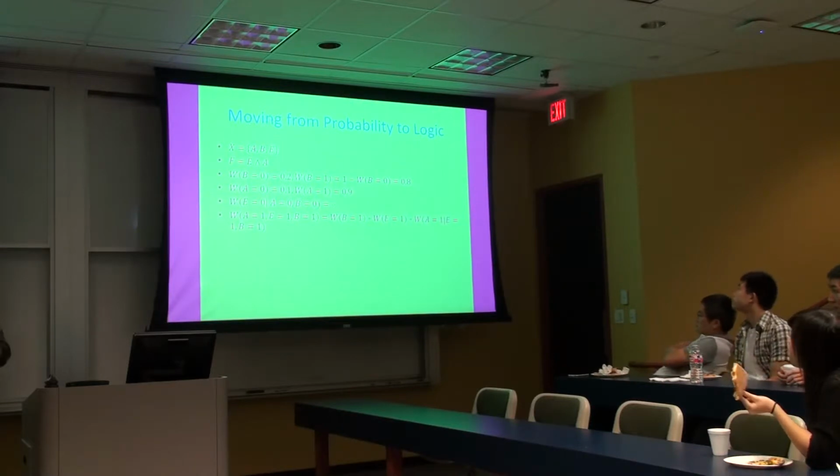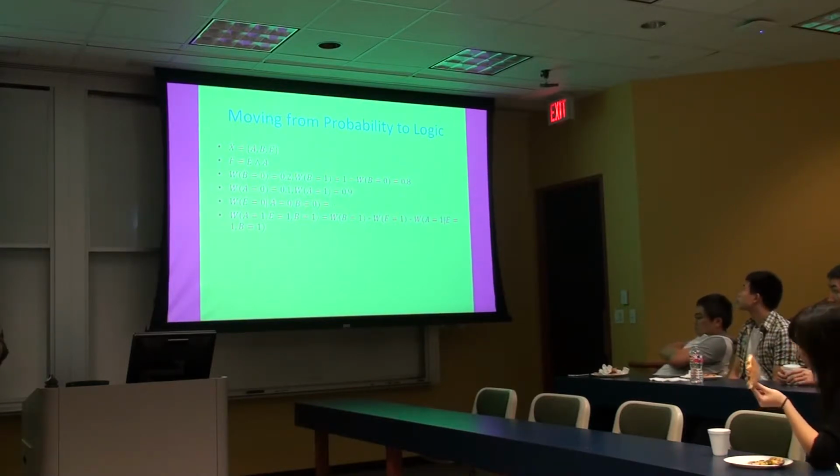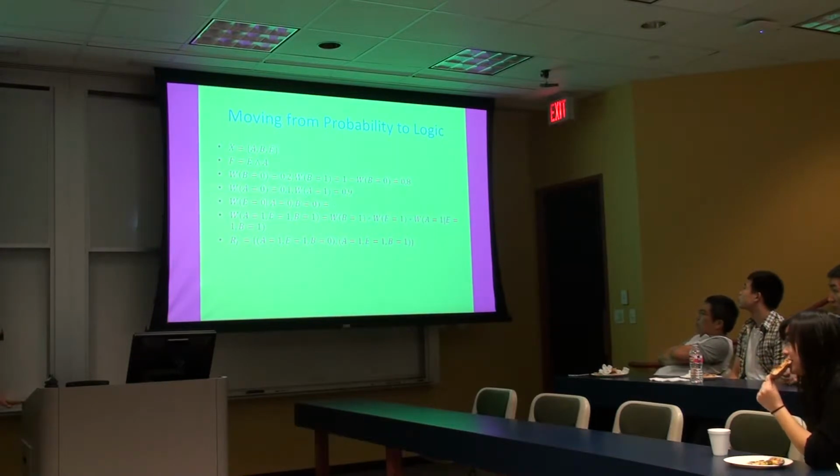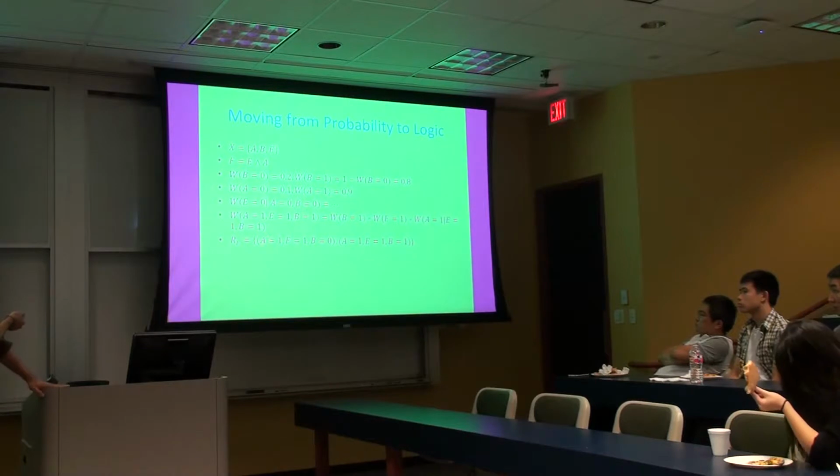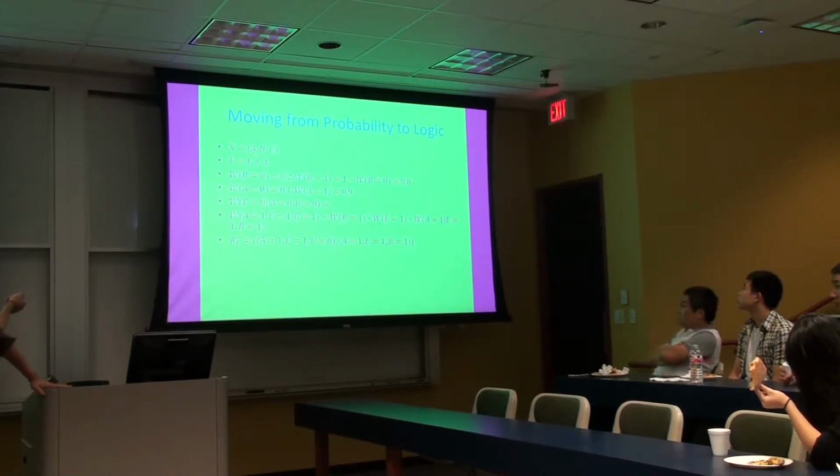We define the weight of an assignment as the product of the weights of its literals. Very similar to what we were doing in the probability in our graphical model. And for this formula, we denote R_F as the solution space of the formula. So R_F here says, if you look at this formula, this is defined over 3 variables, and it has 2 satisfying assignments.